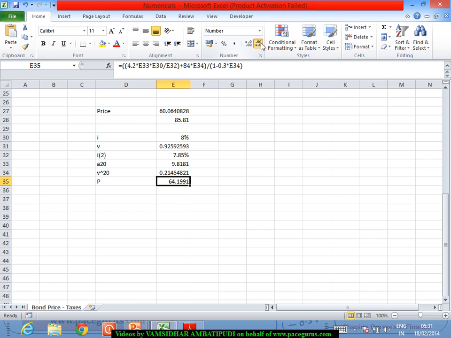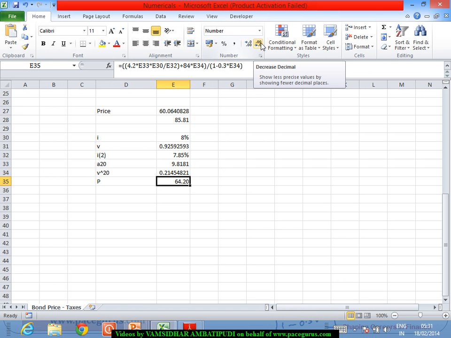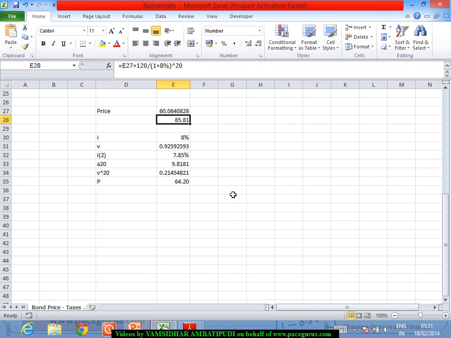If this much tax is present, 30% being the tax rate both on capital gain as well as the interest, the person is willing to pay only 64.2 rupees, the present value of the future cash flows, not 85.81.